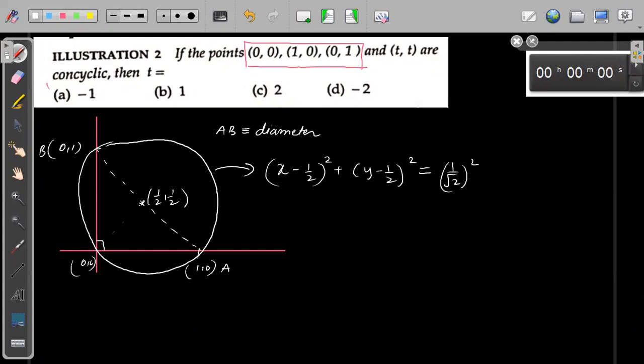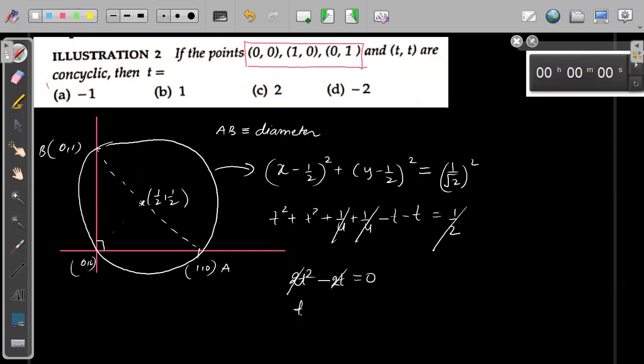If I substitute the point t comma t, this is t square plus t square, plus 1 by 4 plus 1 by 4, and minus t minus t, is equal to 1 by 2. This and this will get cancelled. So from here you will have 2t square minus 2t is equal to 0.